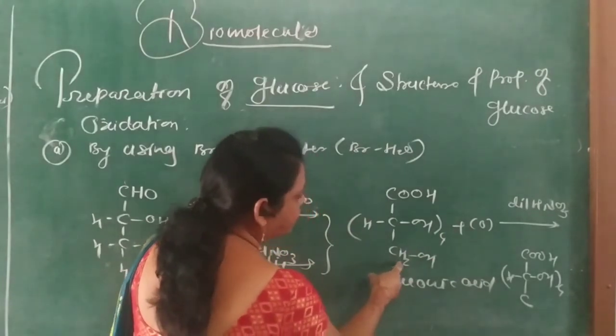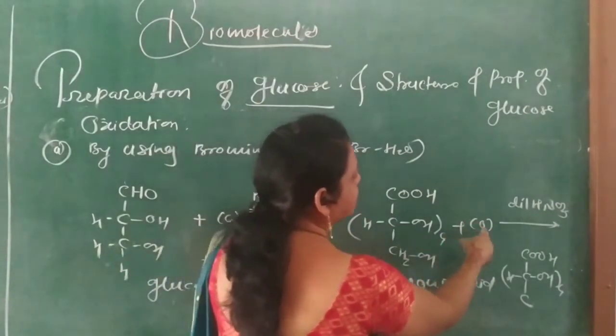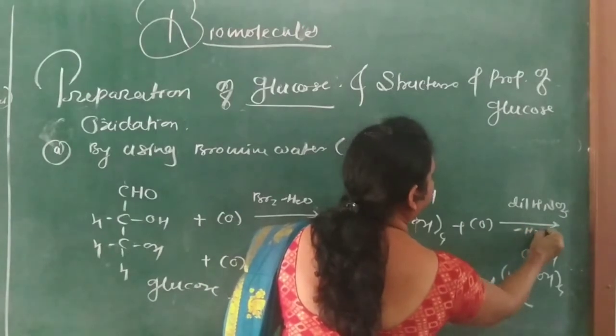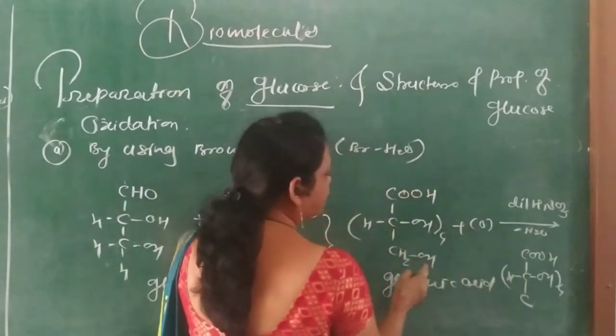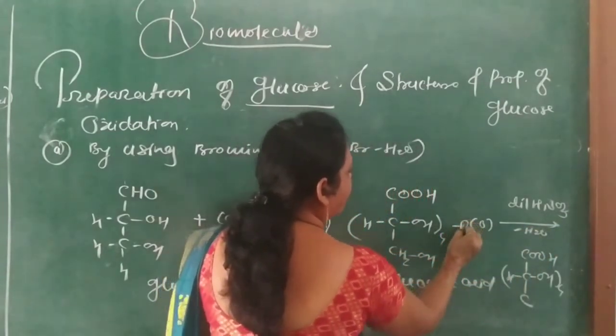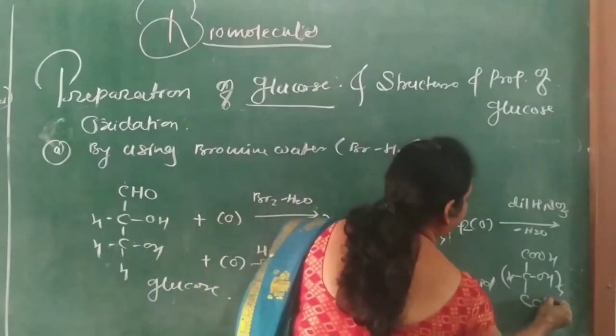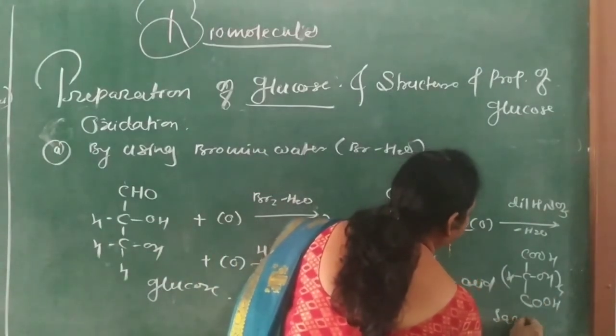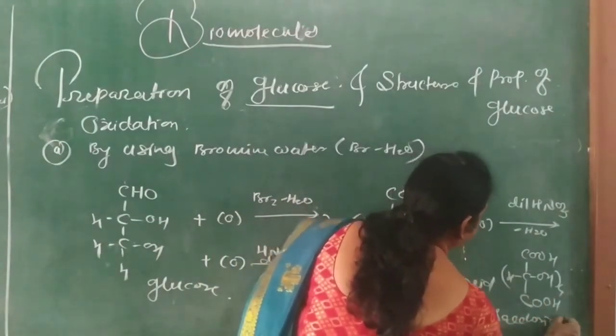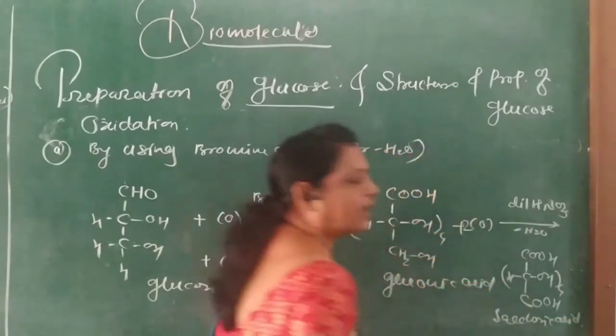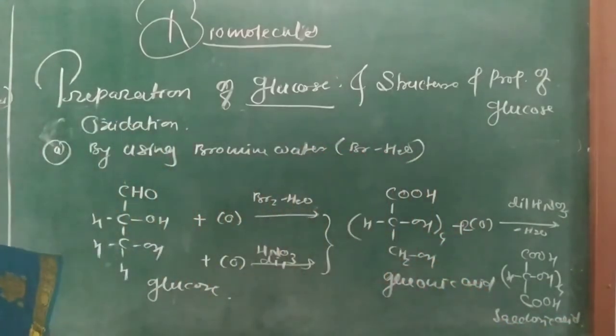This CH2OH combined with O to form minus H2O, and this one oxygen atom combined to form COOH, and this is called saccharic acid. Saccharic acid.